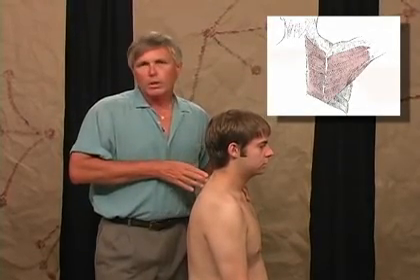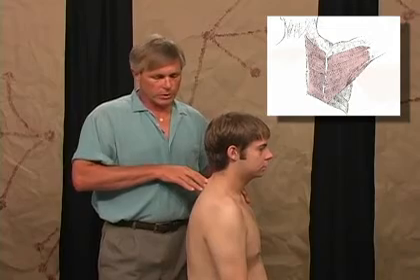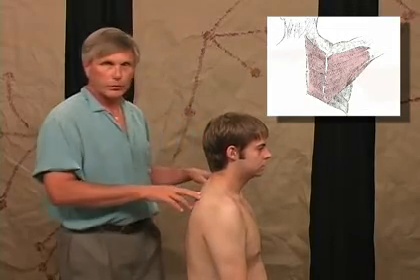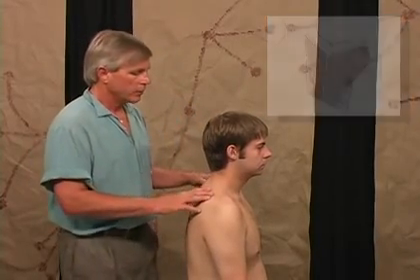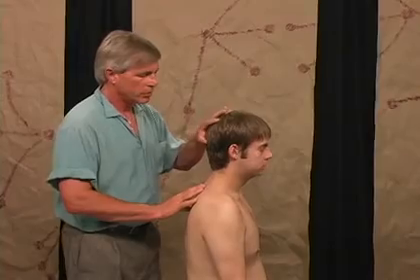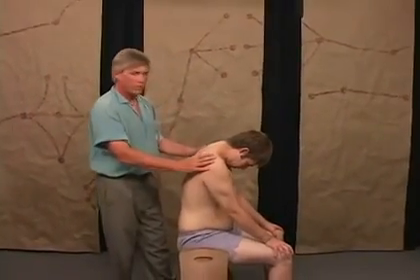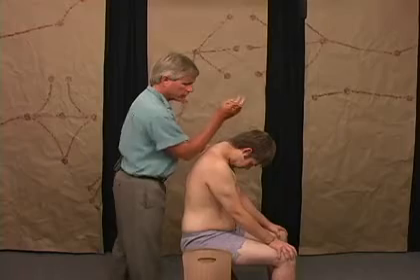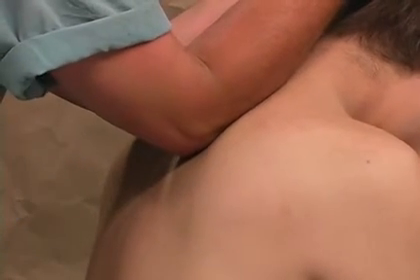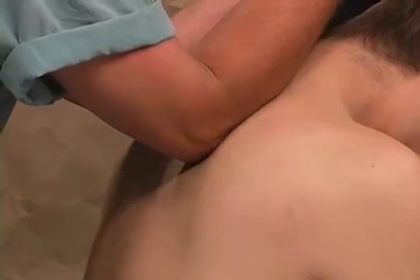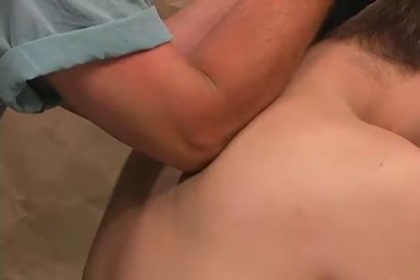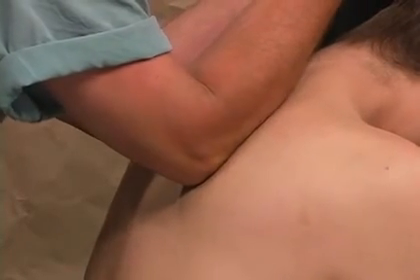And although we'll show you stuff for doing this on the table, they're very accessible from a sitting position on a bench like this. So if I ask Jeremy to just lean forward a little bit and put his hands on his thighs or his knees, that presents the rhomboids for easy working. And if I just put the flat of my lower arm on here, I can simply spread the rhomboids wide.